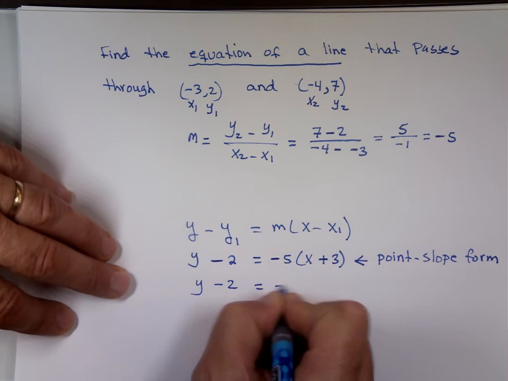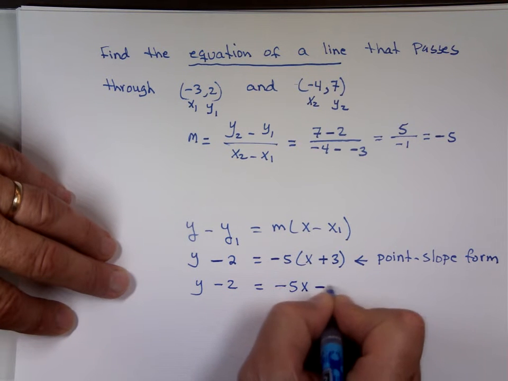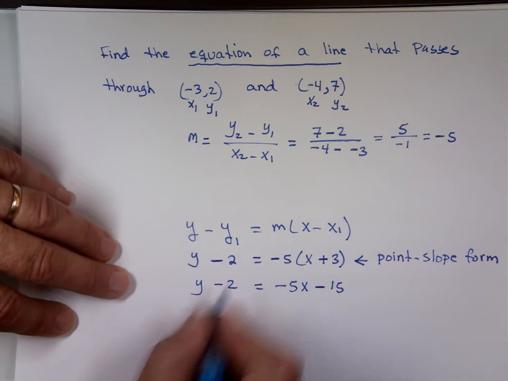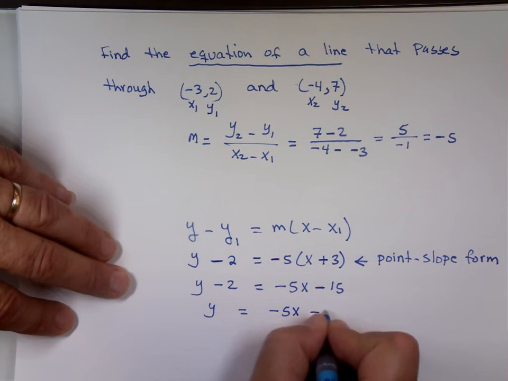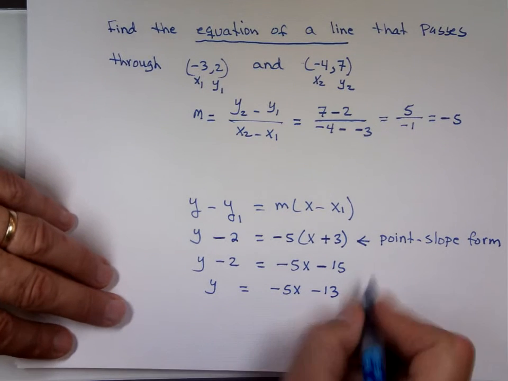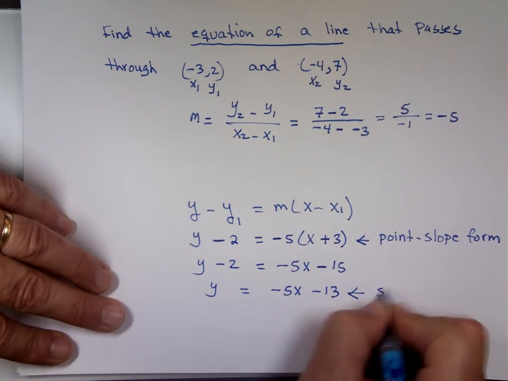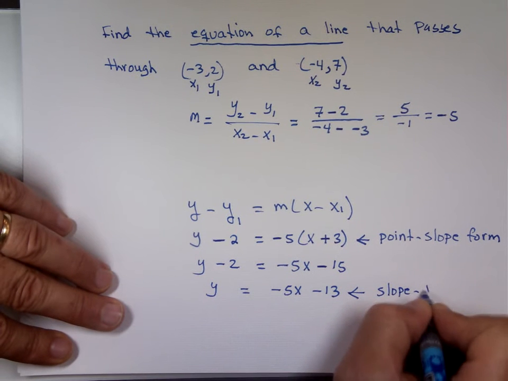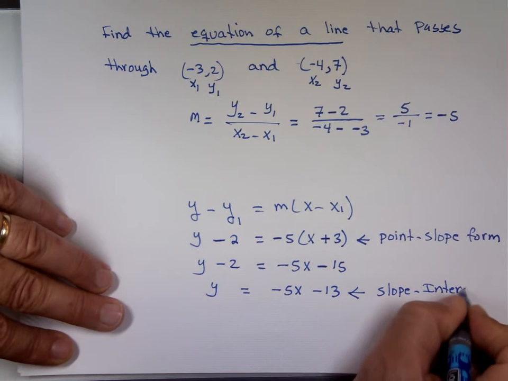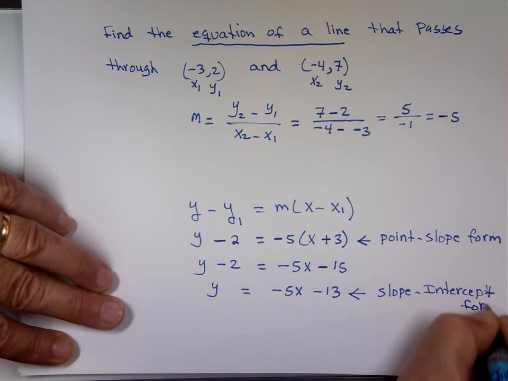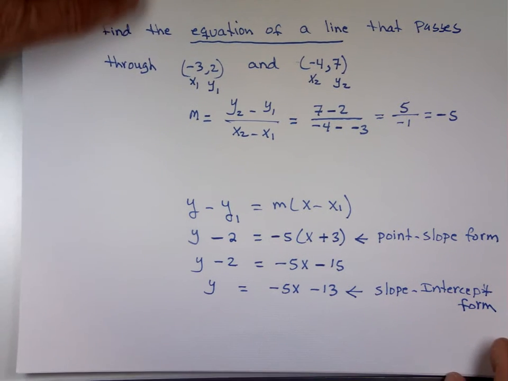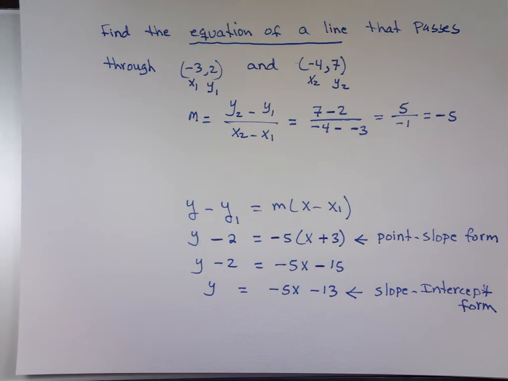Negative 5x minus 15. Add the 2 to both sides. And what's this form known as? Slope intercept form. So that's one of the twists they might put in a problem. They don't give you the slope, they give you 2 points.